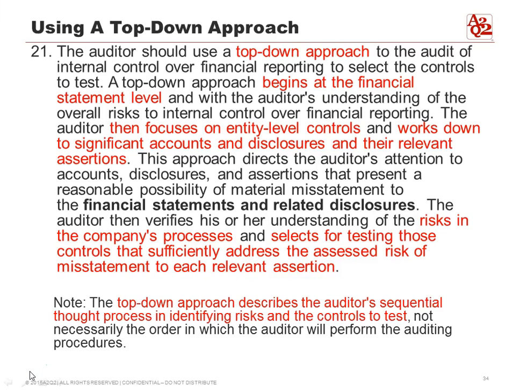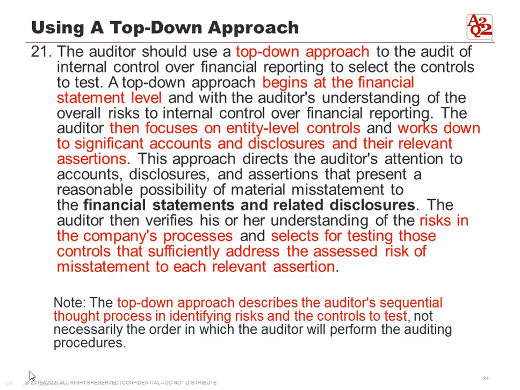That's the top-down approach. And you see this note at the bottom here. This comes directly out of AS5. I didn't make this up. The top-down approach describes the auditor's sequential thought process in identifying risk and controls to test. This is the thought process you think about. It's not the sequence of performing the audit procedures.